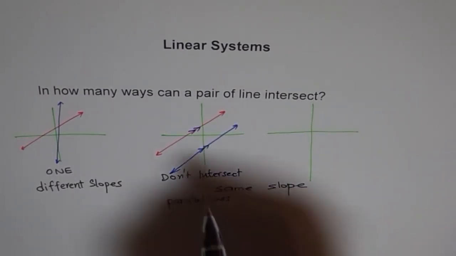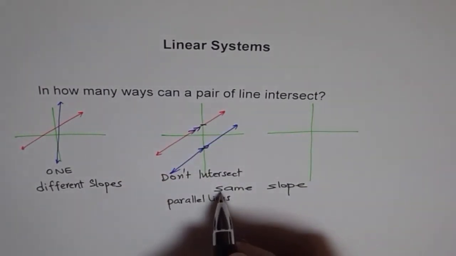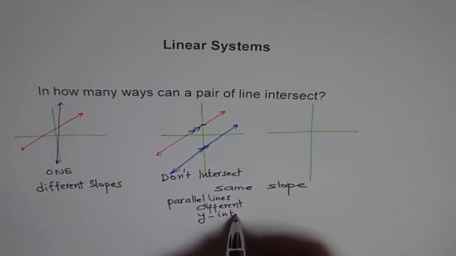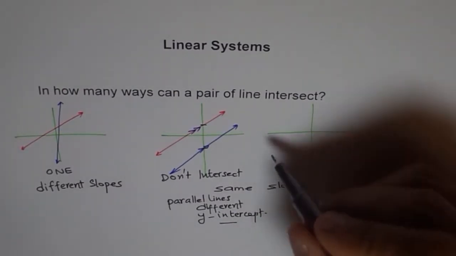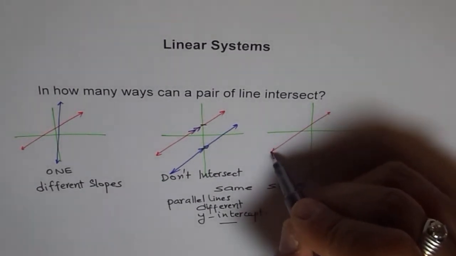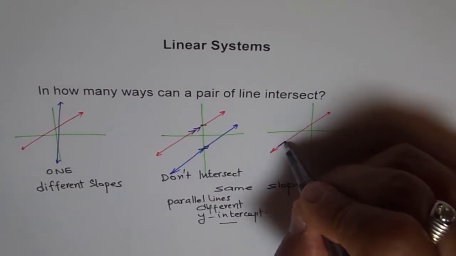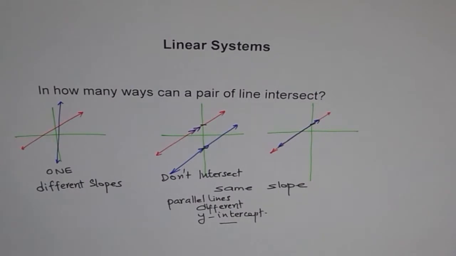So what is different about them? The difference is the y-intercept. So it is the same slope but different y-intercept. So that's critical, different y-intercept. And on the other hand, we can have lines which have the same slope and the same y-intercept.